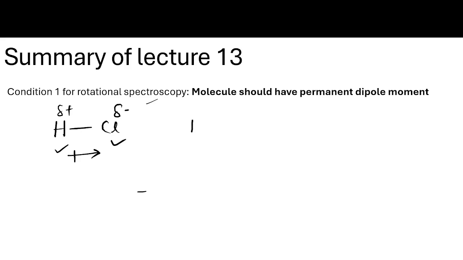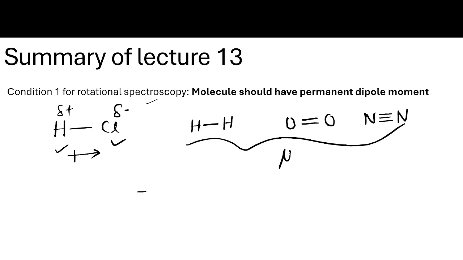For example, if we have a homodiatomic molecule like H2 or O2 or N2, both atoms are the same, so there is no electronegativity difference. So the dipole moment for all three molecules, mu, is 0. So for these you cannot do rotational spectroscopy, but for HCl you can.